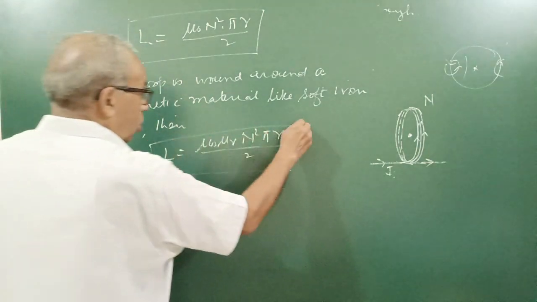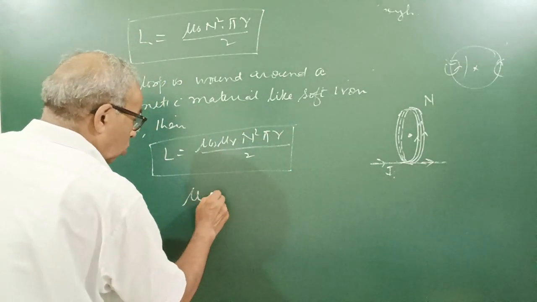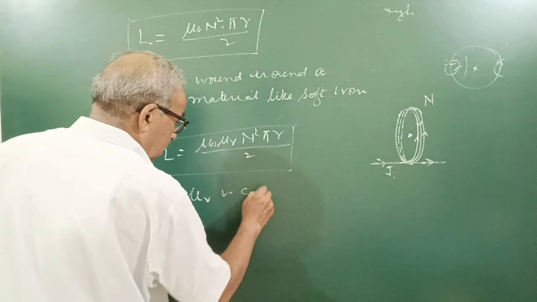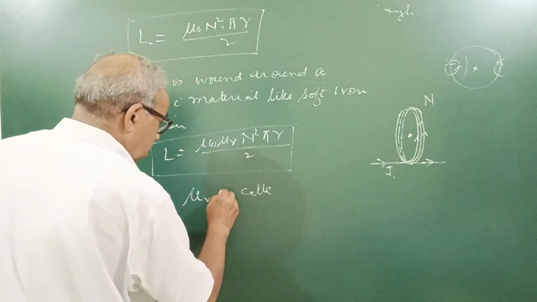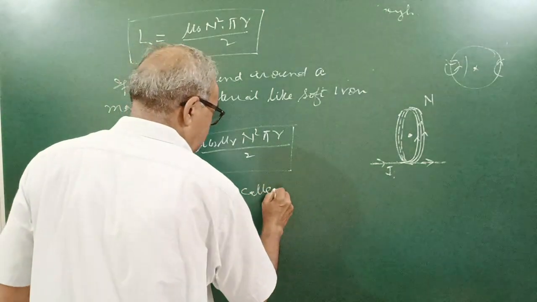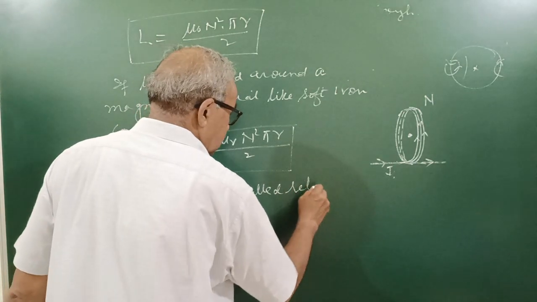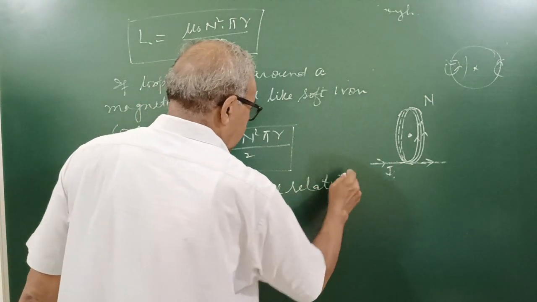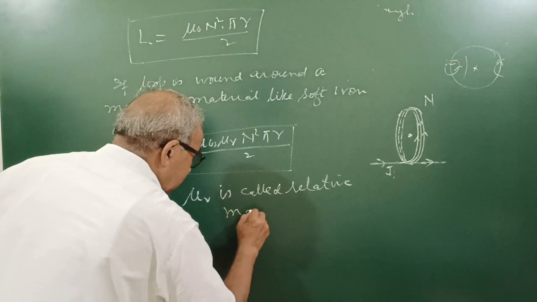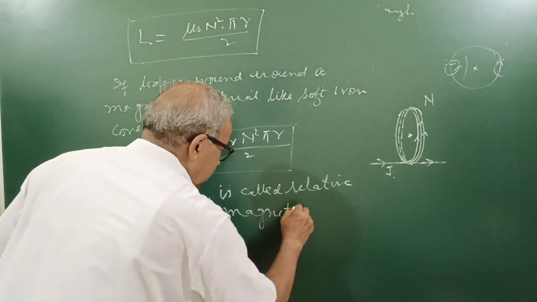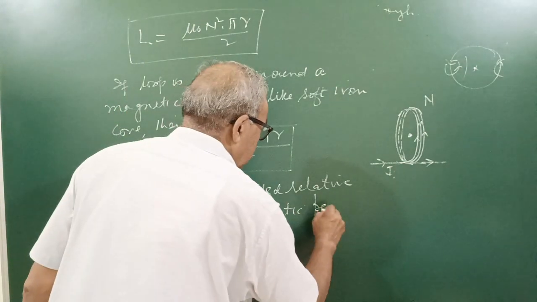What is mu R called? Mu R, you know, is called relative magnetic permeability.